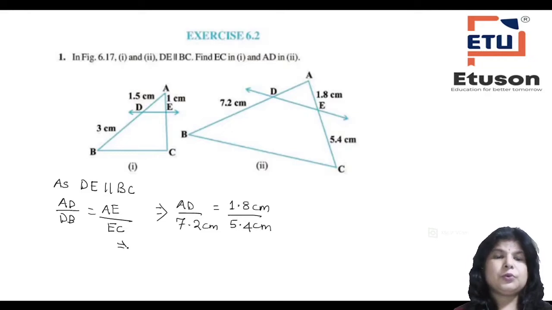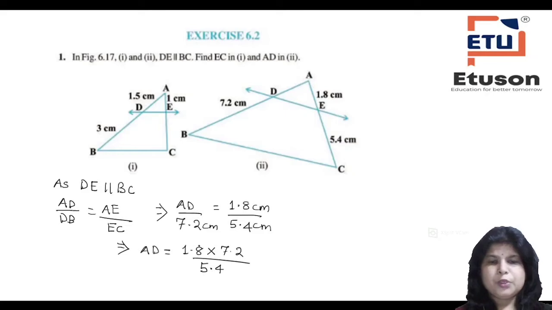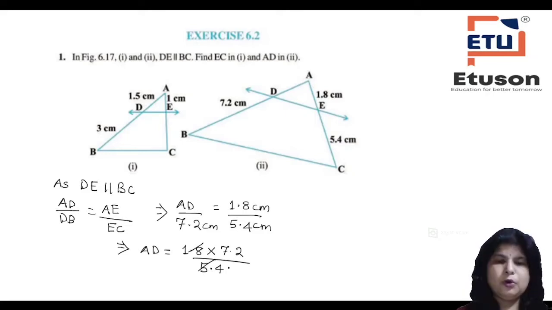Correct? So from this, what will be the value of AD? So AD is equal to 1.8 into 7.2 divided by 5.4. So from this 1.8 and 5.4, you get 3 here.